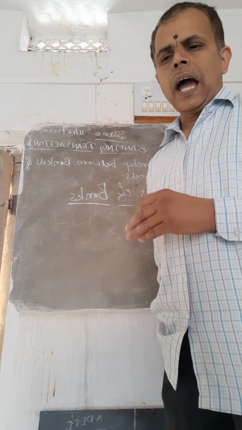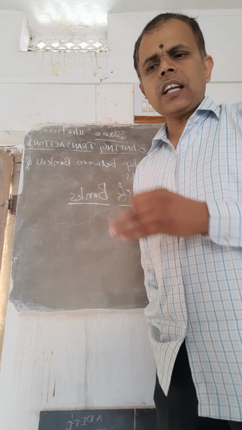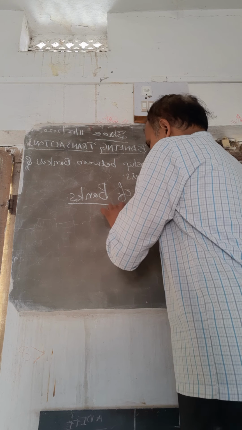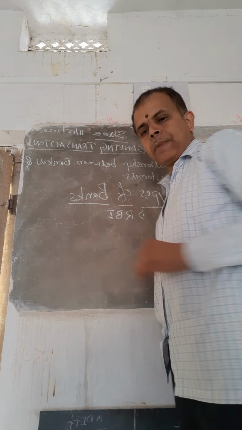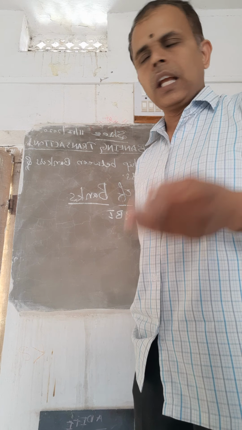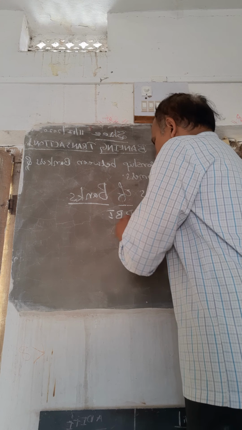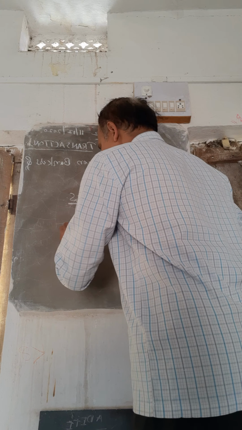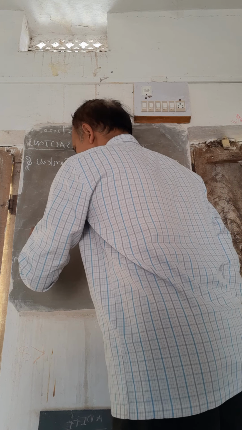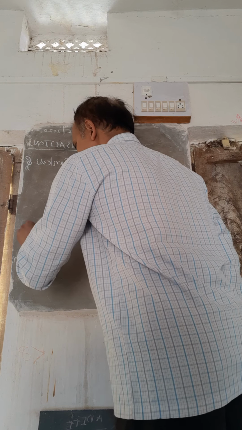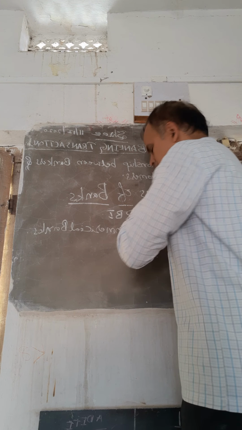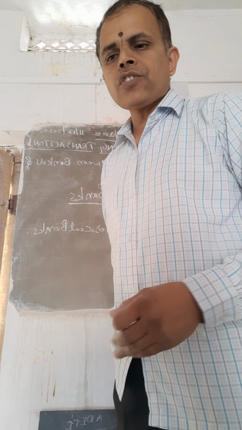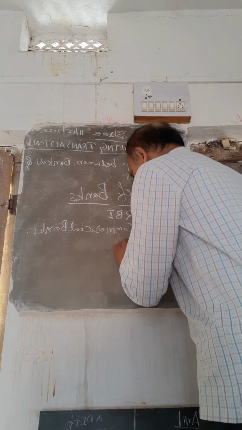So the types of the banks are: first one, the central bank, the RBI, Reserve Bank of India. Second one is commercial banks. The third one is industrial development banks.